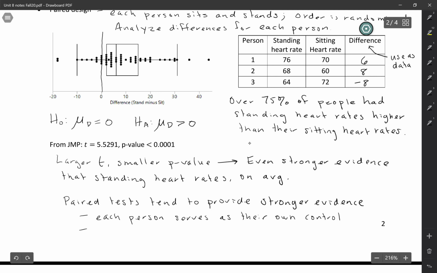The other is that, remember, we're taking 2 measurements per person here. So we're effectively getting more data because instead of having to split the people into 2 groups, having one group that's standing and one group that's sitting, we're getting data on everyone for both conditions. So we effectively have a larger sample size. So those 2 things together, you tend to end up with stronger evidence.